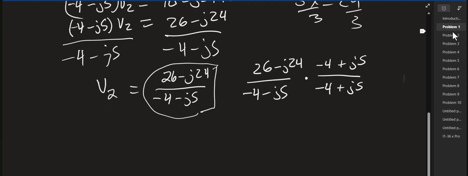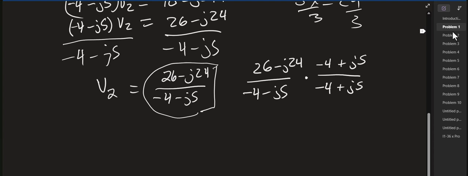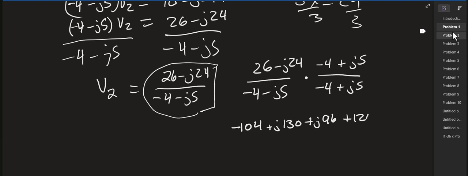So when I multiply this by the conjugate, I have to FOIL the top, and when I do, I get minus 104 plus j130 plus j96 plus 120 over, and then in the denominator I get 16 plus 25.